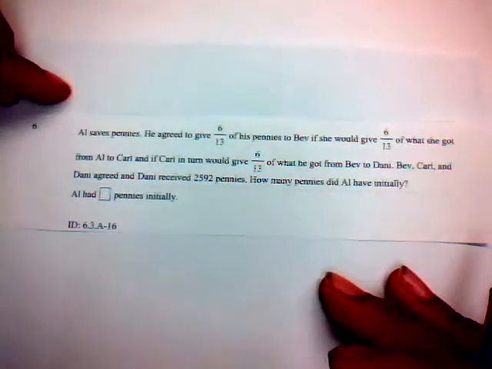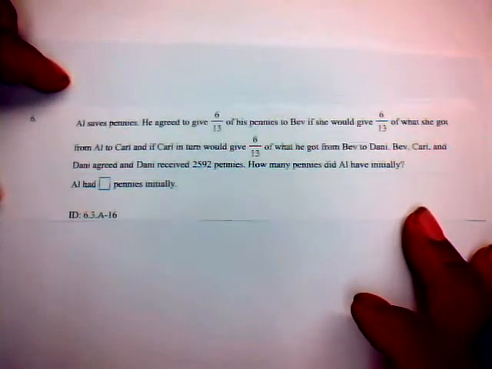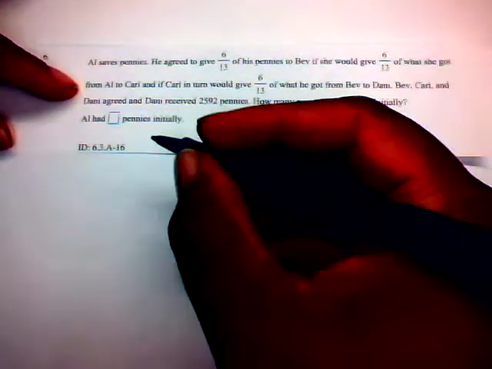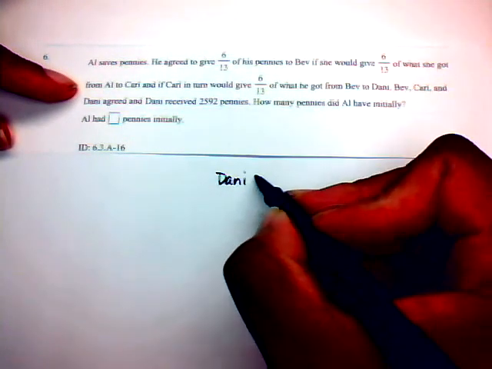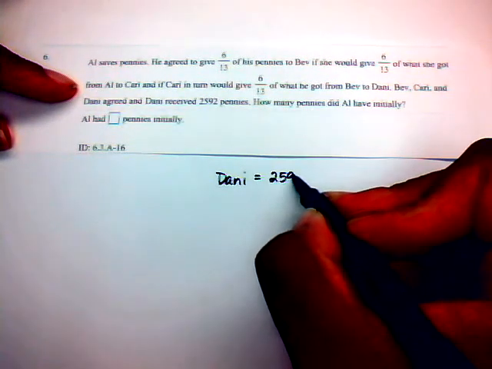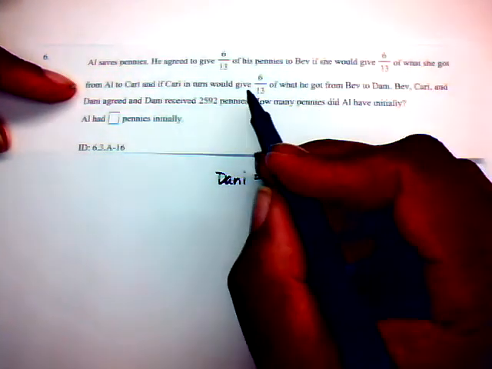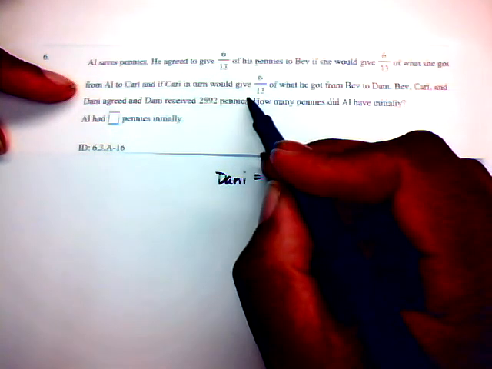Okay, if you remember one of your problem-solving strategies, we're going to have to work backwards. With this problem, we're going to have to work backwards here. We know the fact that Danny received 2,592 pennies, which was 6/13 of what she got from Bev.